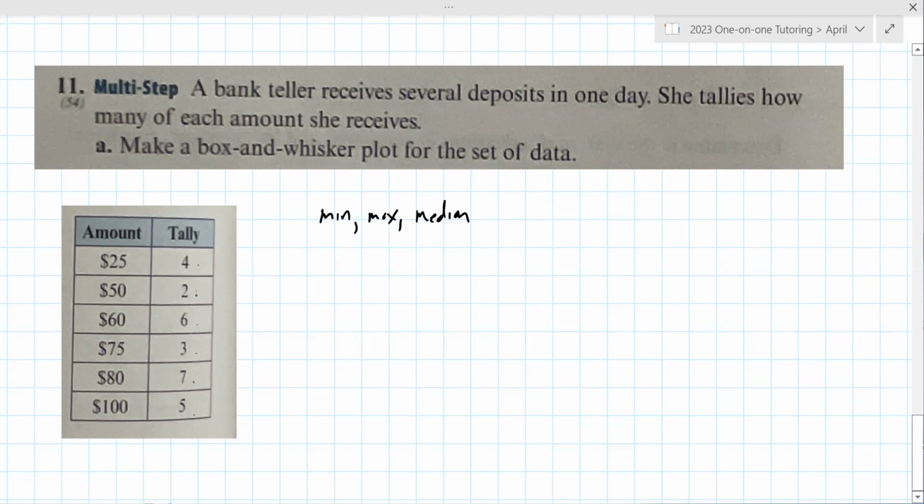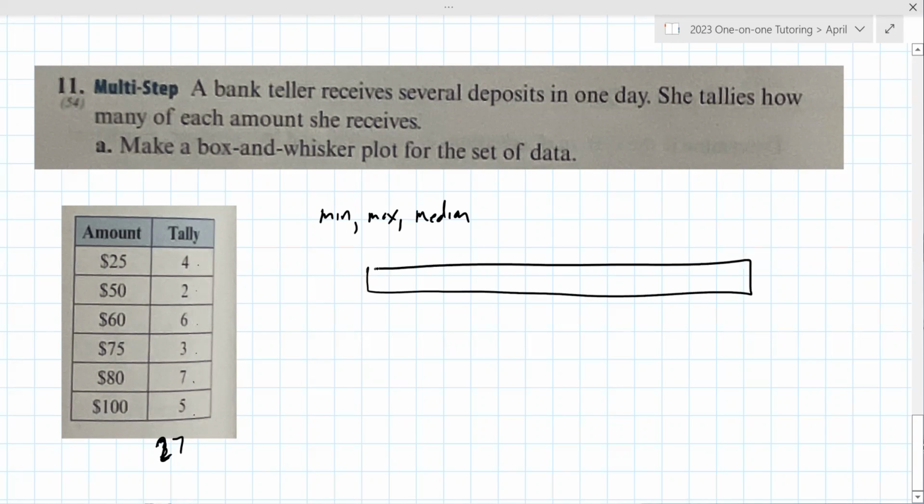So that's 37. No, 27. Does that sound right to you? Yeah. So if there's 27 numbers, the middle number is the median. That's the 14th number. So to get the 14th, you go 4 plus 2 plus 6.